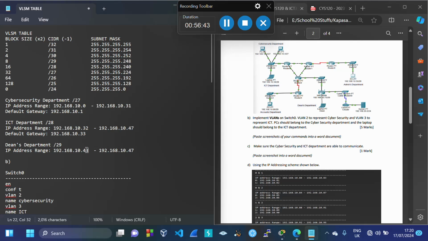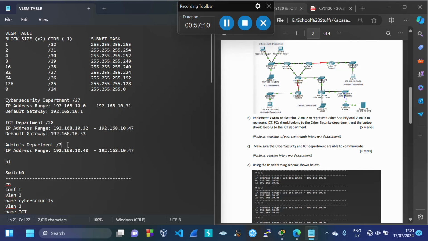If we're starting at 48, what's /29? But we can see this is not close to 48. It means the network which they subnetted is this one, which is /28, and at least it has a 50, it's close to 48. So this is supposed to be the admins department.